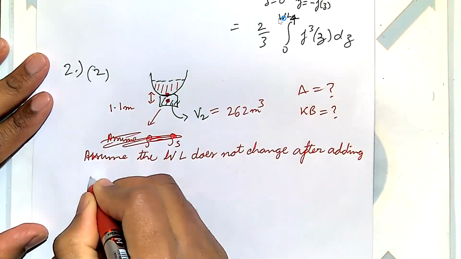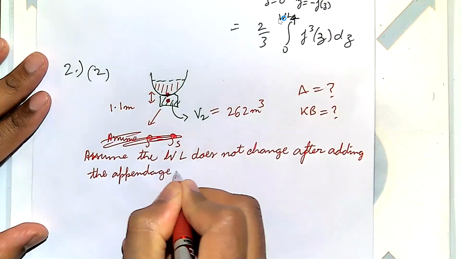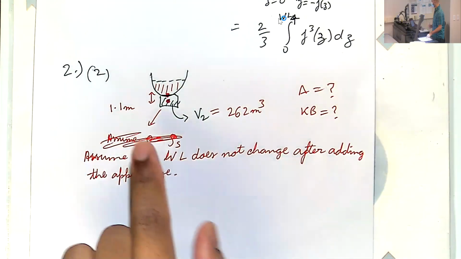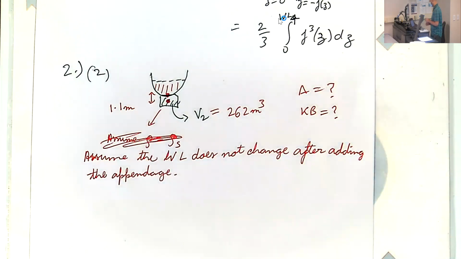So does that mean the submerged volume we solved for in question 1, right before it, is the same? Yes, if the water line does not change, the submerged volume is what we've already computed earlier, since we needed it to get the Z-bar or KB.